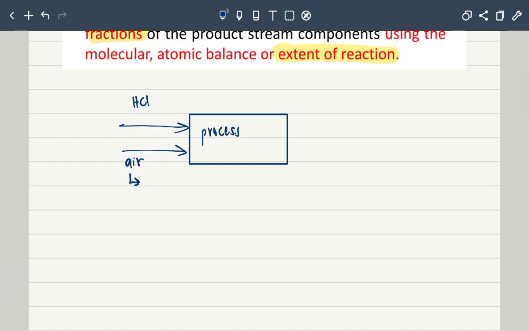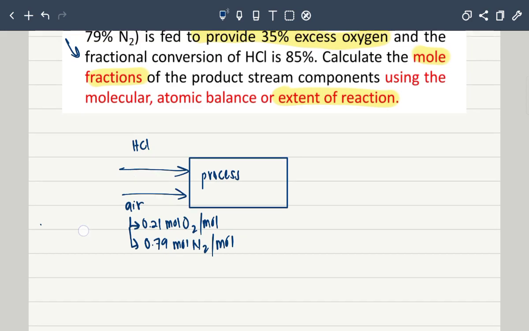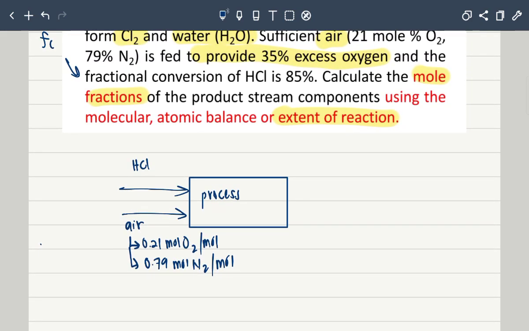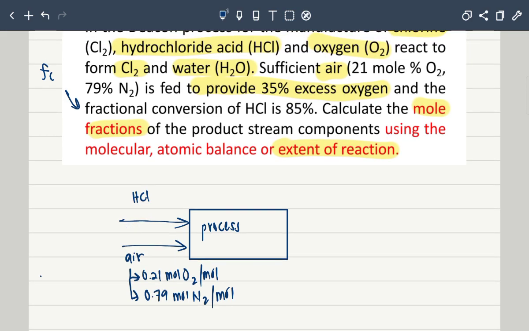One for 0.21 mole O2 per mole, and another 0.79 mole N2 per mole. Where do 0.21 and 0.79 come from? From the question.